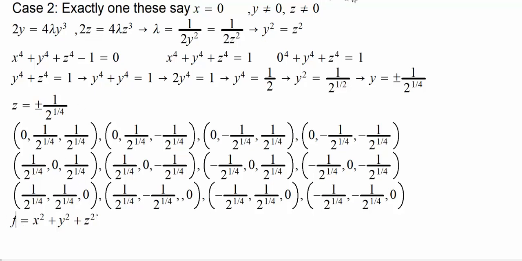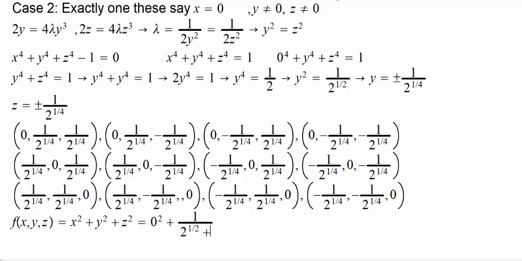And that is going to be, say I take the very first point, so that will be 0 square plus, what's the square of this? 1 over 2 to the 1/2, or square root of 2, right? Then plus the same quantity again.